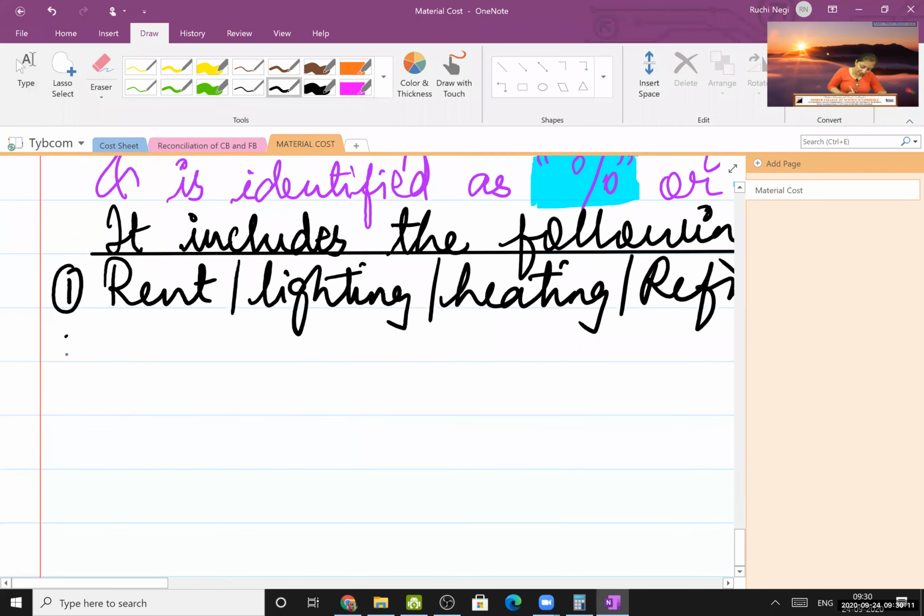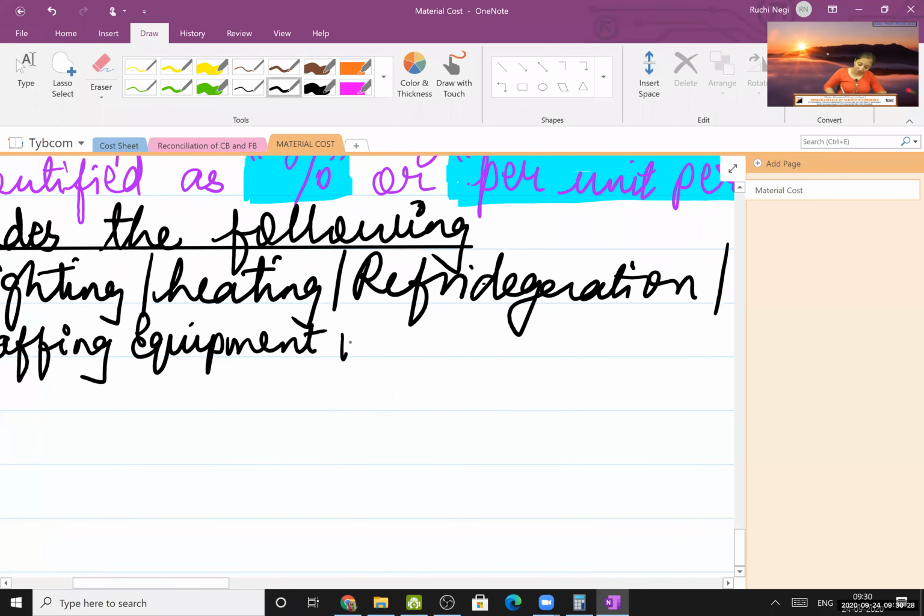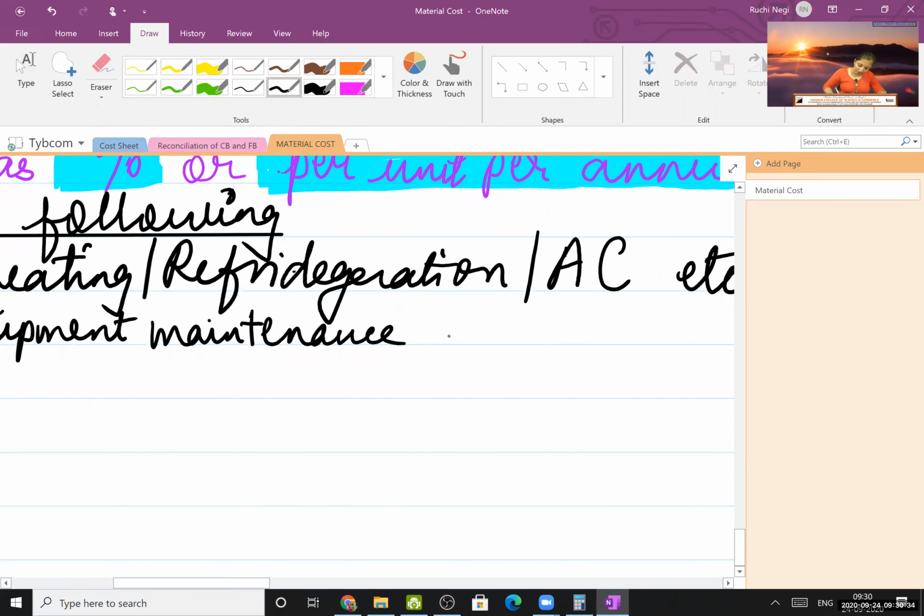Then second, stores, meaning raw material stores, staffing, equipment maintenance. The word maintenance is important because if it is only equipment, it will become an asset. And running cost means variable cost associated with it.